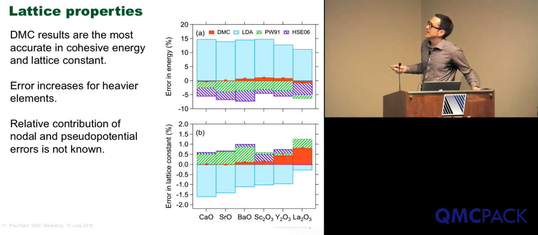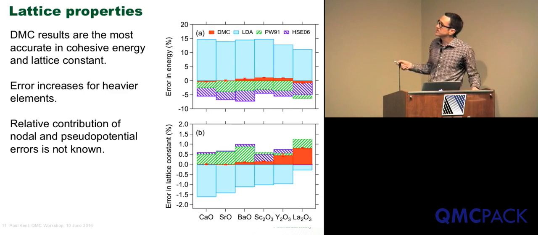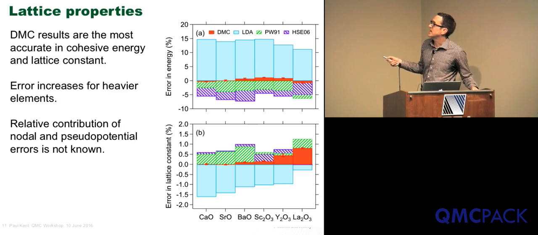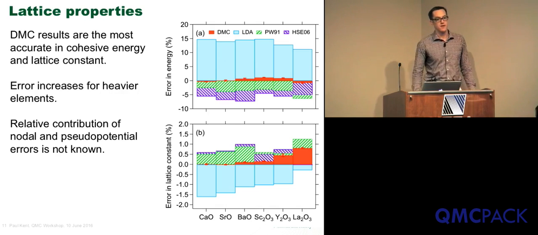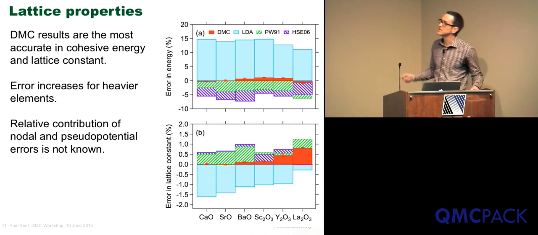When we look at the errors in lattice constant, we again see nice results from the single determinant fixed node diffusion Monte Carlo. And we do see an interesting trend here. We see a growth in the error as we move to the heavier elements that are included. Now, of course, what we don't know at this point is where that error is coming from. We have some thoughts.